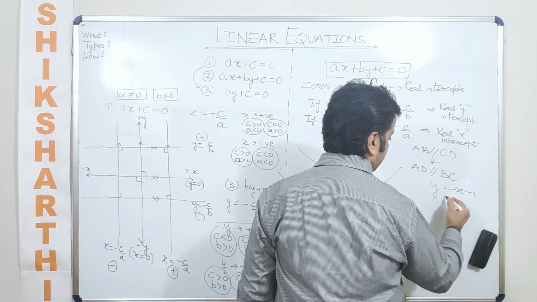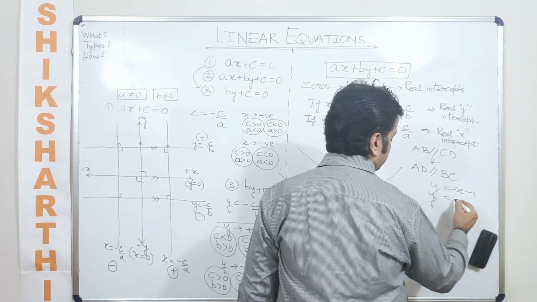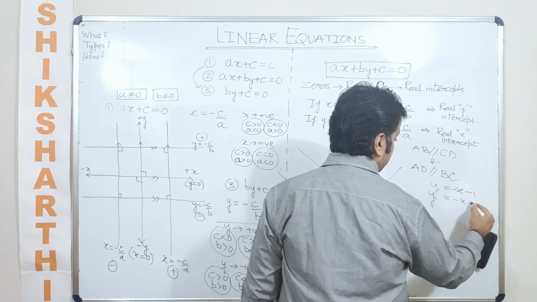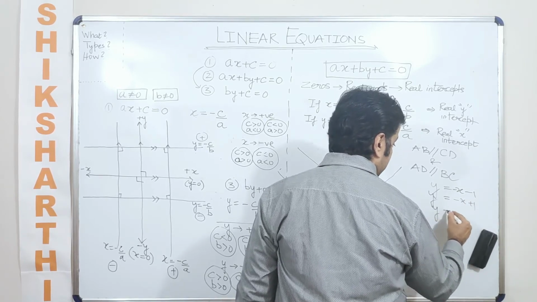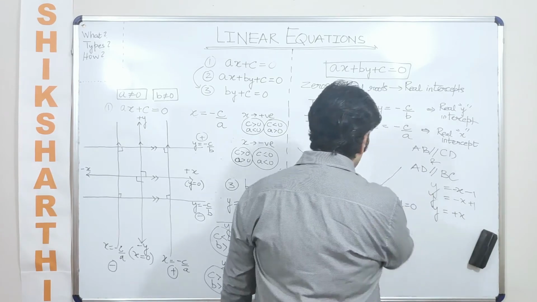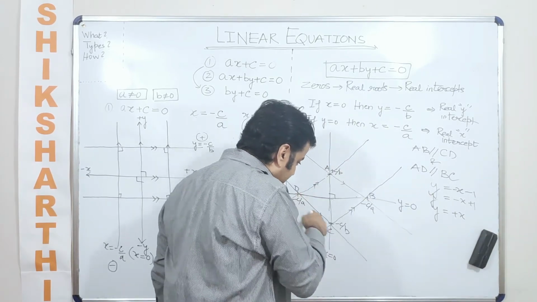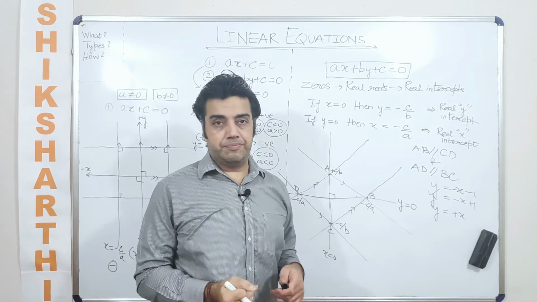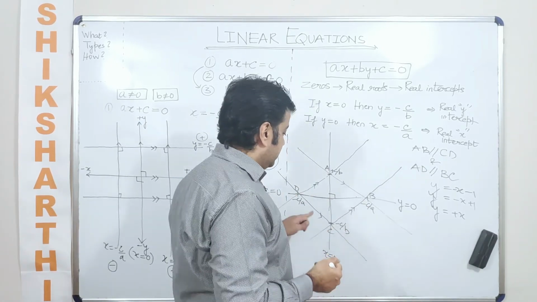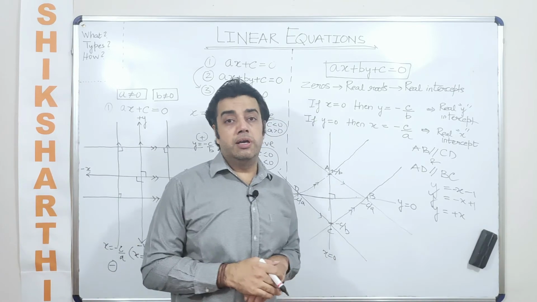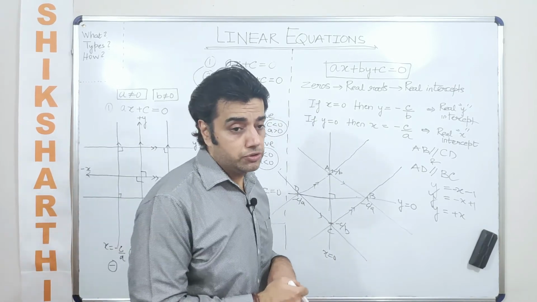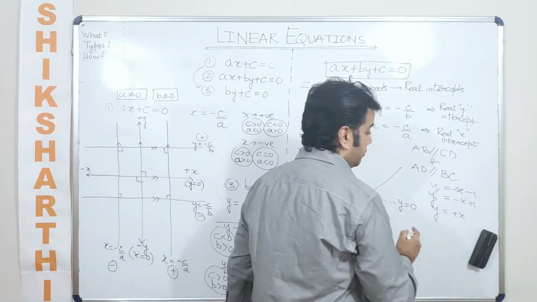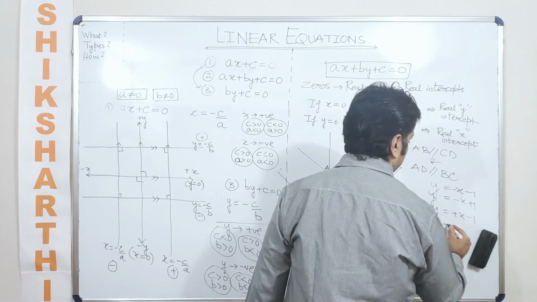Minus x minus 1 that we had talked about in the first video. Minus x plus 1. Plot these 4 lines on the same graph and find out what the resultant figure is, and please put it in the comment section so that we can help you out with the answer.